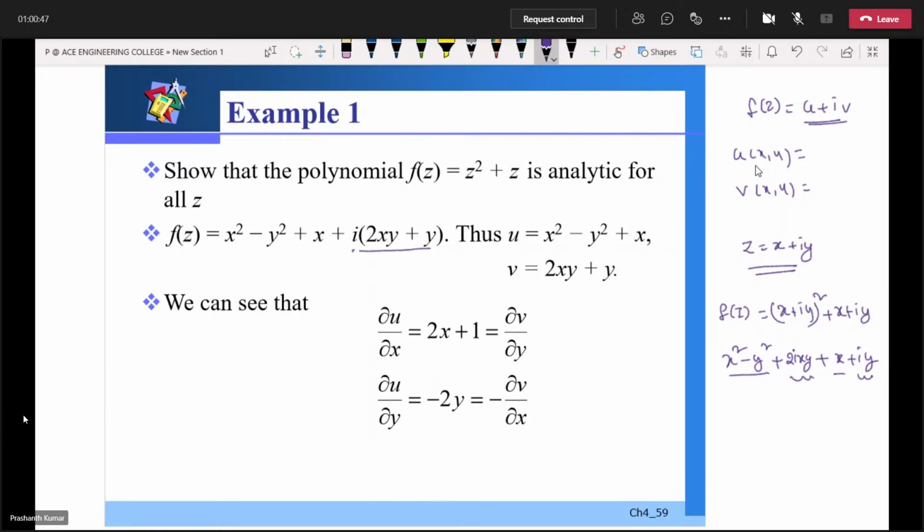Thus, what is u plus iv? You compare these values with u plus iv. Definitely this portion is u and this portion is v. Okay, kabatti thus I will write u is equal to x square minus y square plus x and v is equal to 2xy plus y.